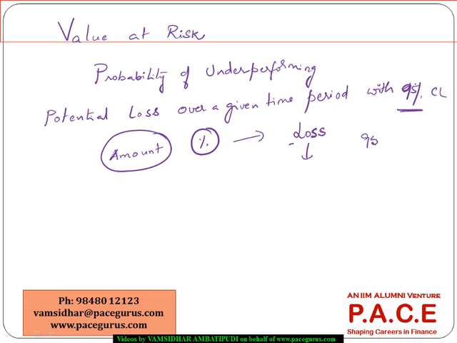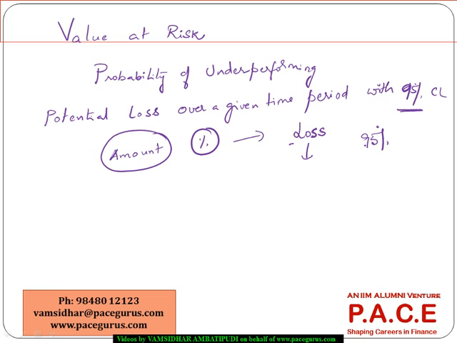If I am making this statement with 95% confidence level, it means the chance of the loss being more than this particular decided level is just 5%. So I am defining a cutoff for the loss, saying in 95% of the cases the loss will not be more than this. Only a 5% possibility exists that during this particular period the loss will exceed this amount.